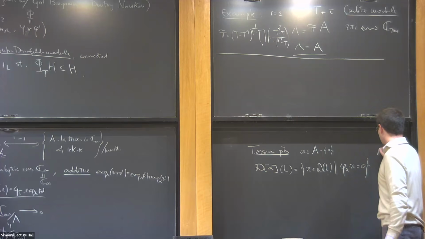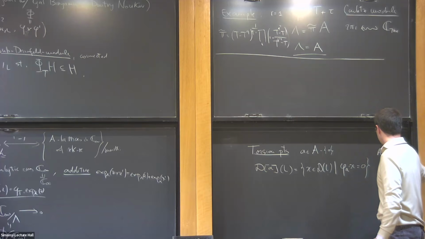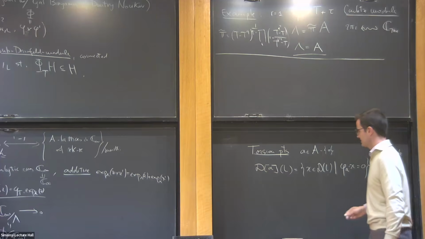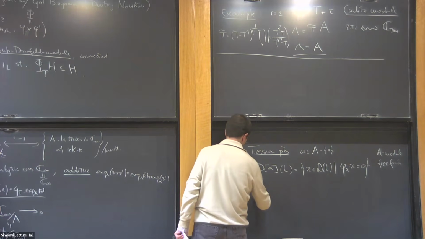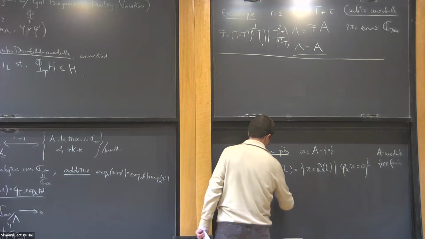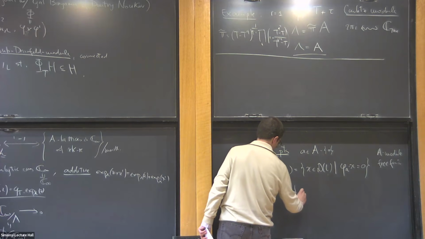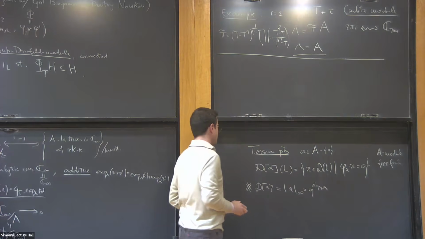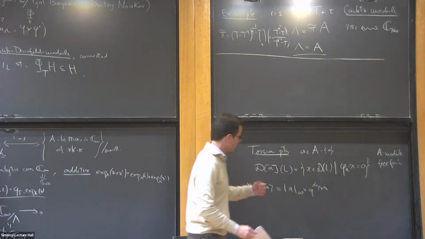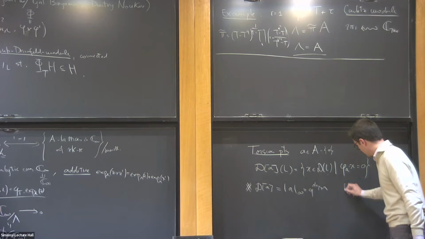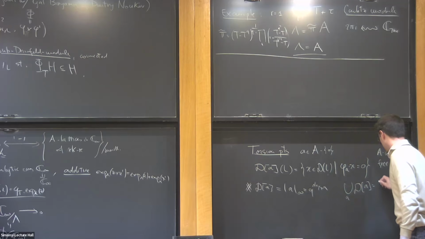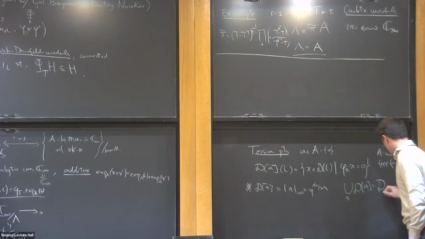So this has a module structure, it is an A-module. Actually, it's finite free, and its cardinality is what one could expect, namely the norm of a. Just let me recall that q is the size of the residue field. Then one can take the union over all a of these, and get the torsion. So you denote this as D torsion.